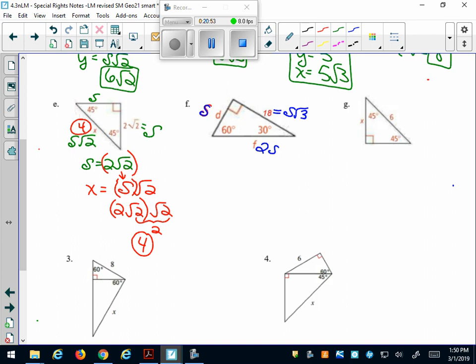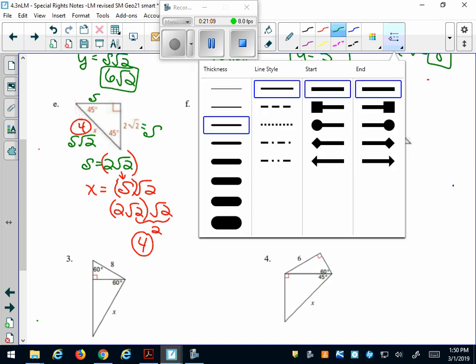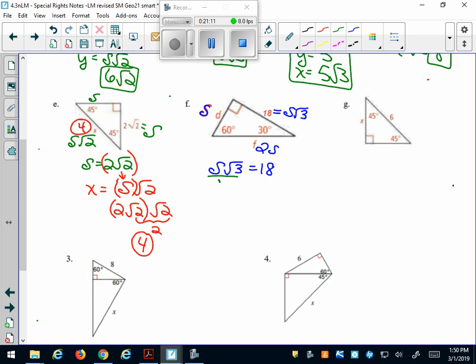They label that side 18, so we have S root 3 equals 18. We have to solve for S. What are we going to do to both sides to solve for S? Divide by root 3. Cancels here. We get S equals 18 over root 3.